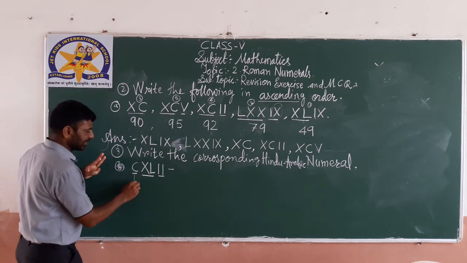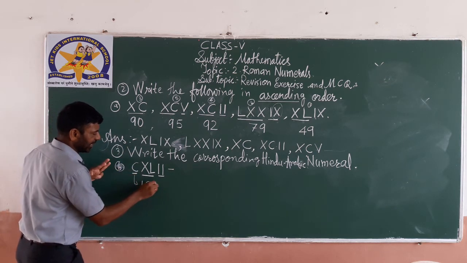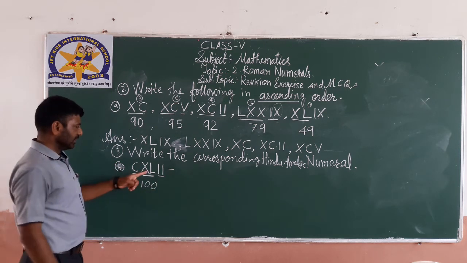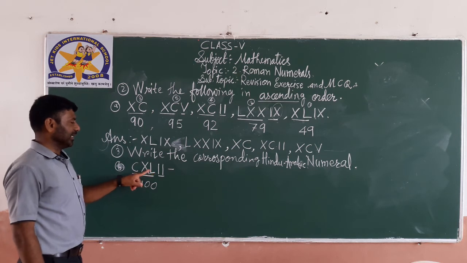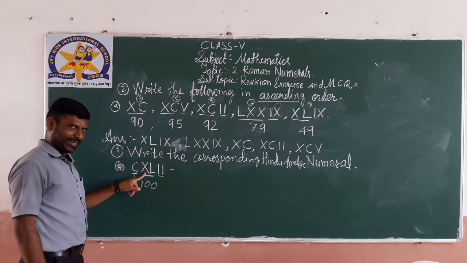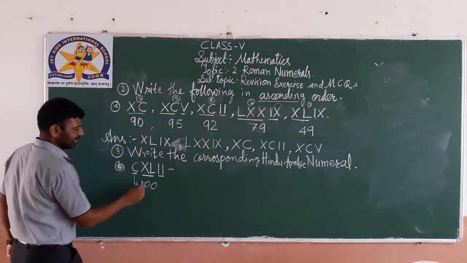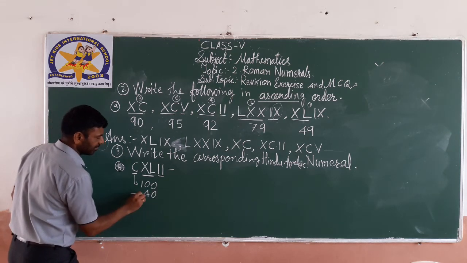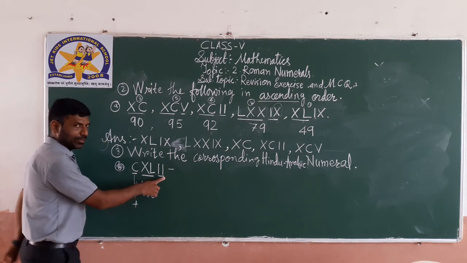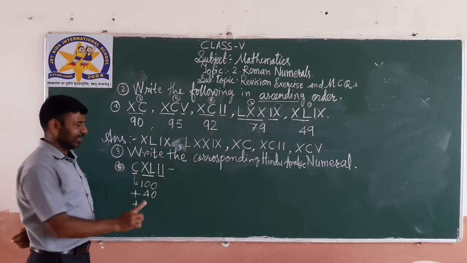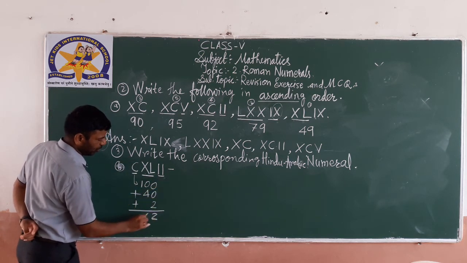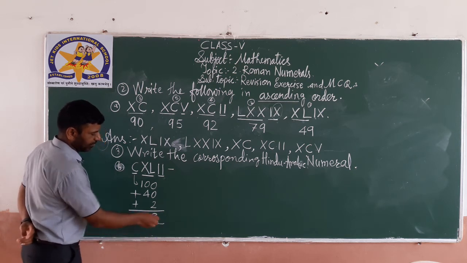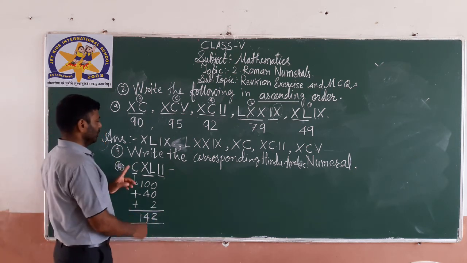So what is meant by C? C means 100. XL, L means 50. 50 minus 10, understand? 50 minus 10, 40. I two times means 1 plus 1, 2. Add 2, 142.